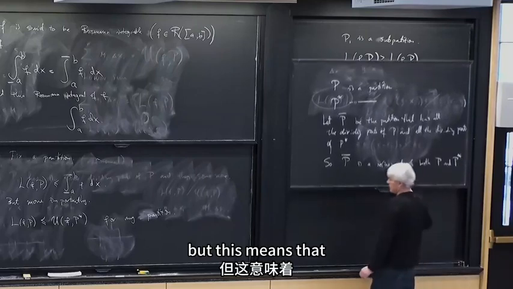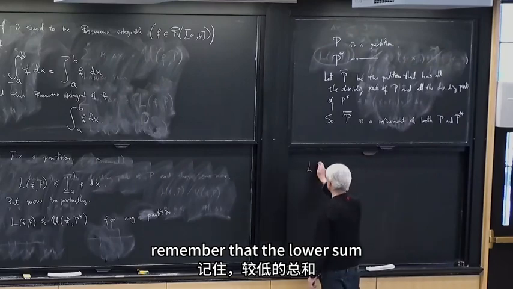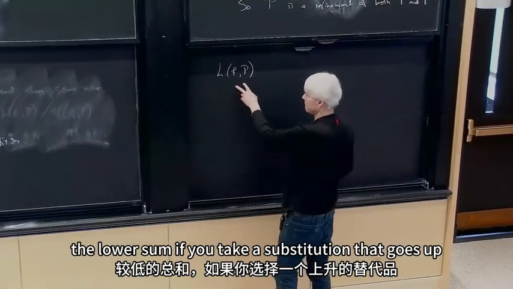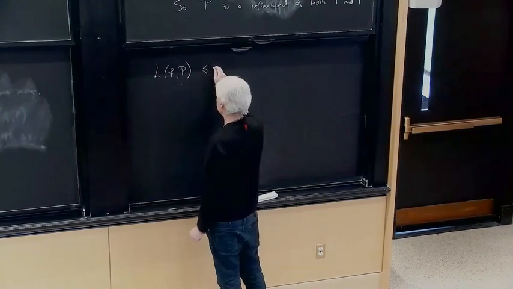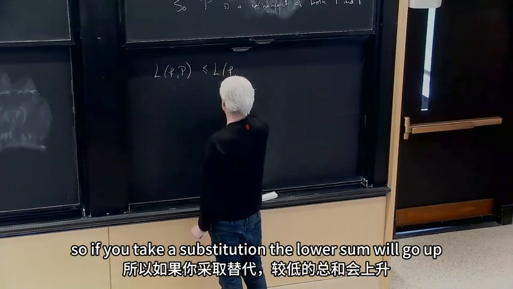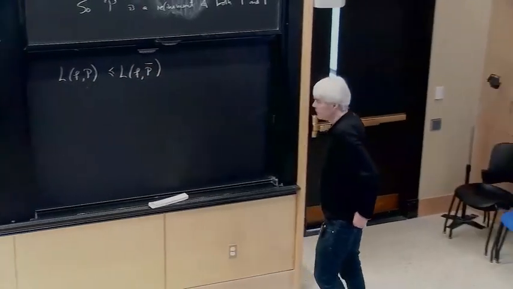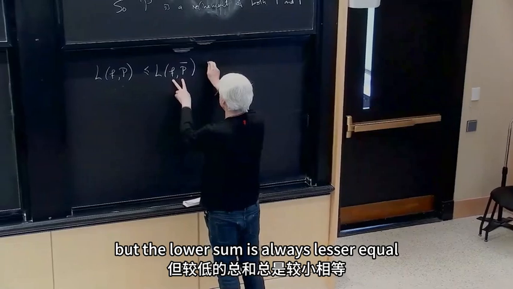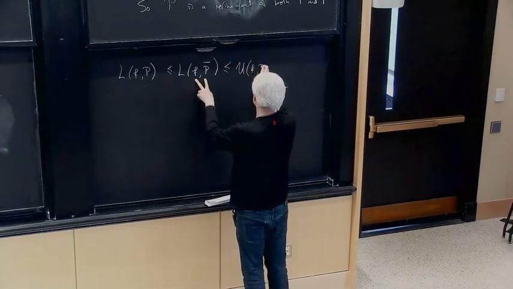Remember that if you take a subpartition, the lower sum will go up. But the lower sum is always less or equal to the upper sum for a given partition.